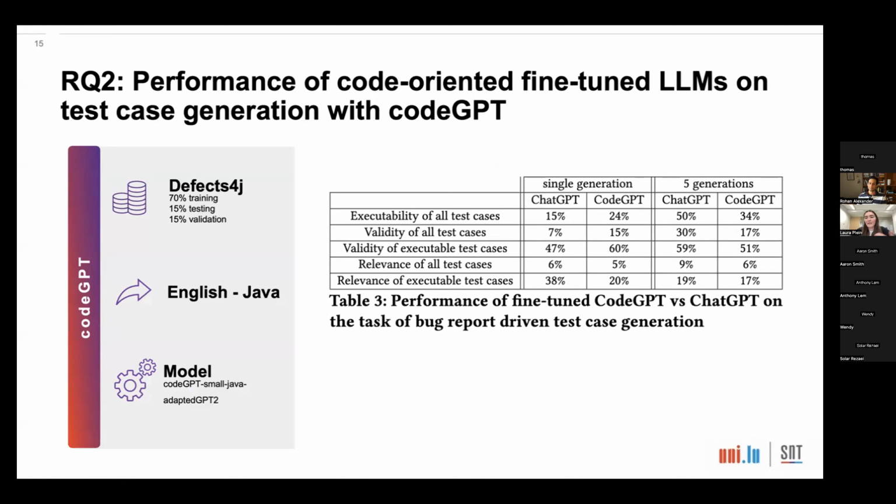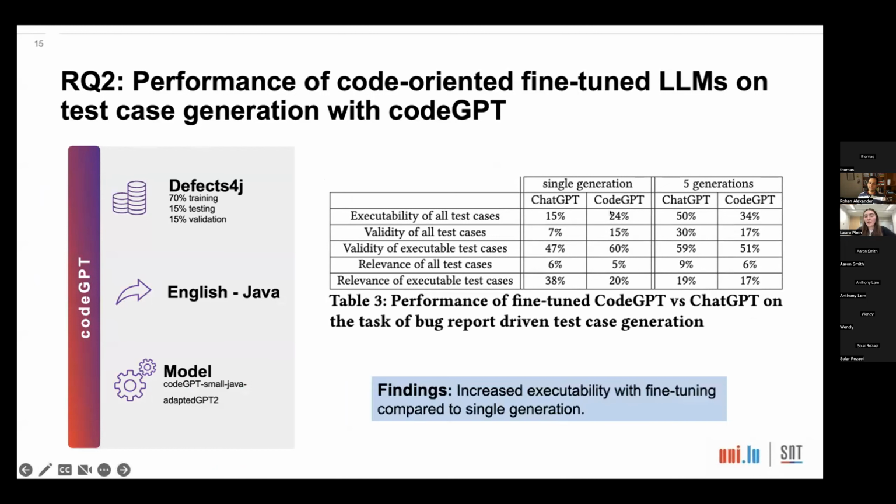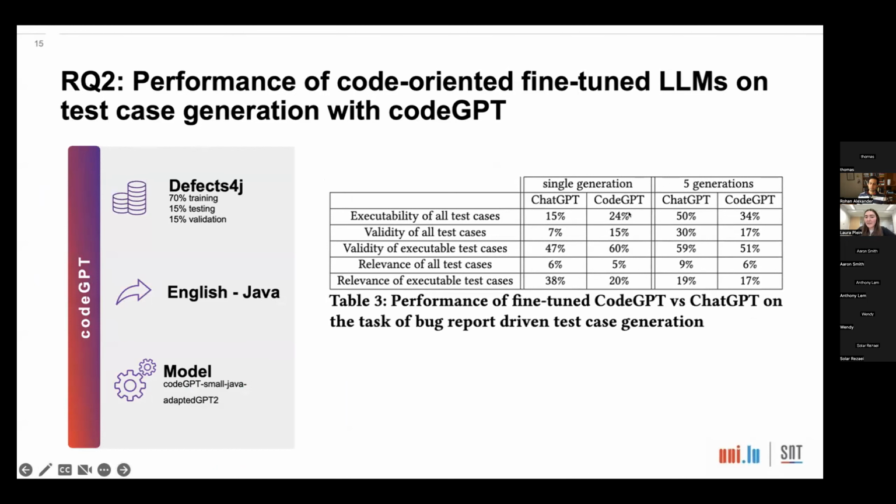So in the second step, we wanted to see a little bit how fine-tuning affects those results. So here we divided the defects for J dataset into training, testing, and validation. And here, one thing that was interesting: if we compare the single generation, we clearly had that our fine-tuned model was performing better than ChatGPT.